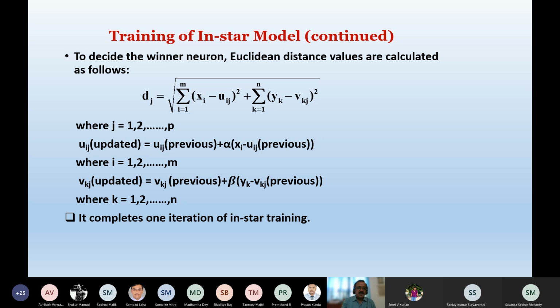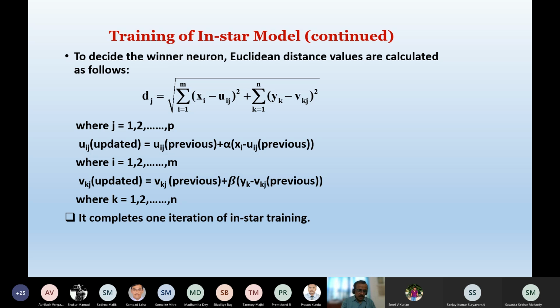Now dj, j varies from 1 to p. What is p? p is the total number of neurons lying on the hidden layer. Out of these p neurons, I have to find out which one is the winner. How to decide the winner? The hidden neuron having the minimum value of Euclidean distance d will be declared the winner, the way we did while discussing the self-organizing map, if you remember.